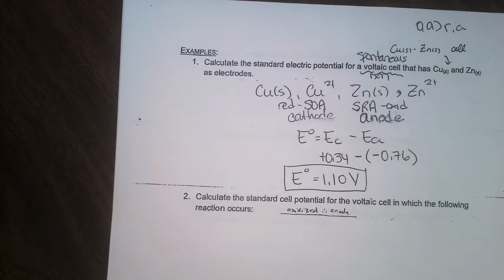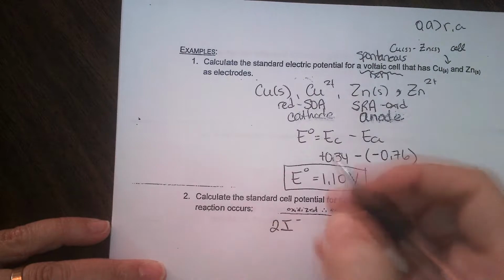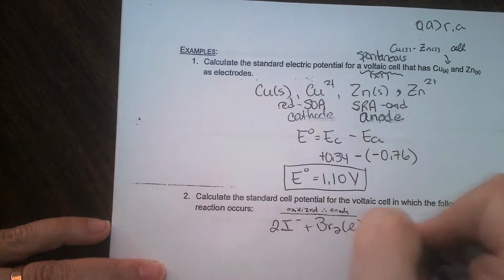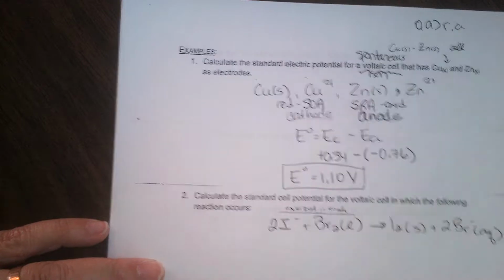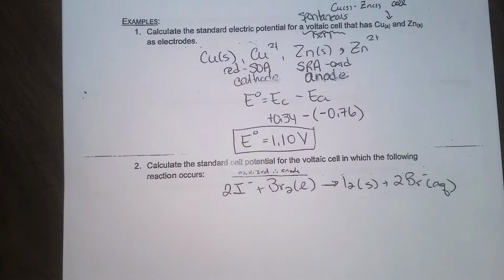Calculate the standard cell potential for the voltaic cell in which the following reaction occurs. Let me tell you what the following reaction is. So we need to figure out which one's being oxidized and which one's being reduced.